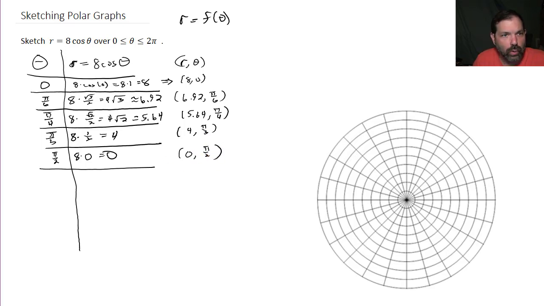So if we plot those points, let's assume we have a scale of 1 on the concentric circles. So 1, 2, 3, 4, 5, 6, 7, 8 would be here. There's that point (8, 0). Then (6.92, pi over 6). Here's the pi over 6 radius, and 6.92 is about there.